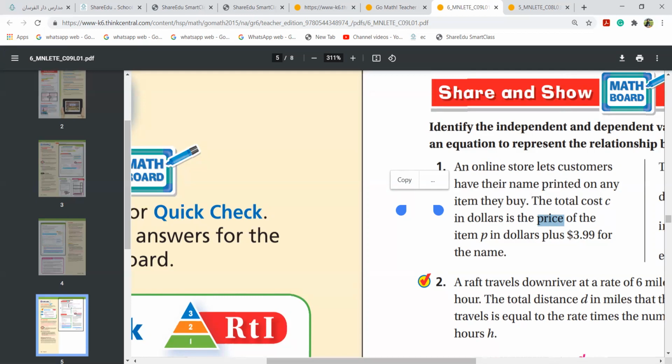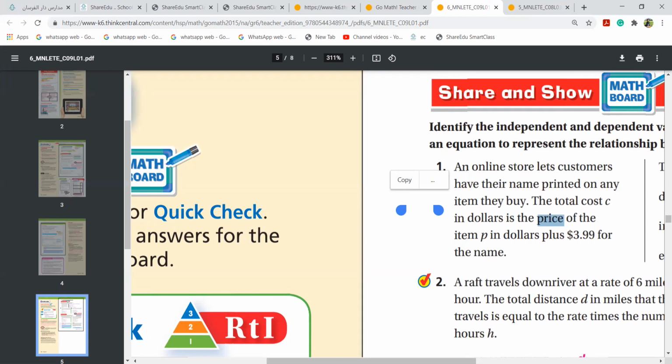Imagine Vateen is buying a cup on a trip. She wants her name written on the cup. Ghalia is buying a t-shirt. Malak is buying maybe something else, a necklace. So all three have different prices. Am I correct?